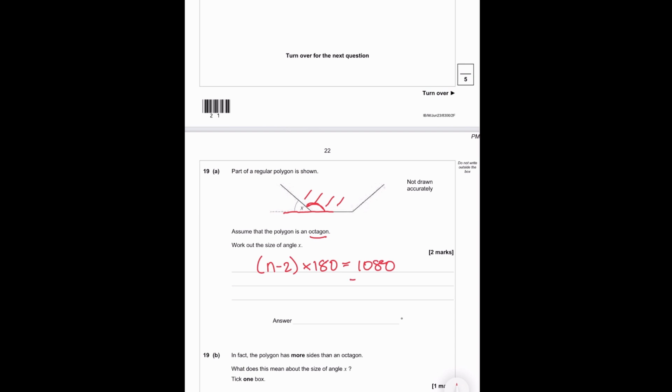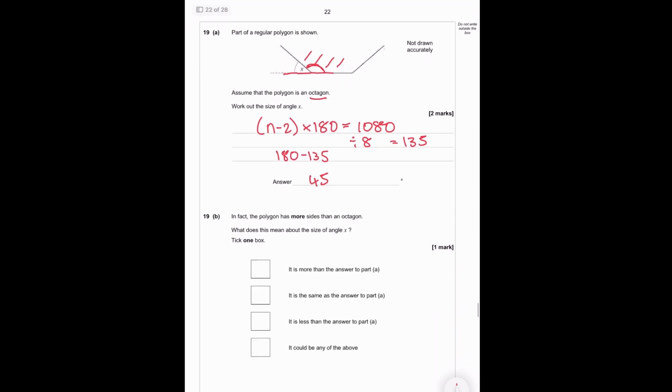We're going to divide that by 8 to get one angle, which is 135. And then we're going to do 180 minus 135, which gives us an answer of 45 degrees. In fact, the polygon has more sides. So if it has more, the internal angle would be bigger and the external angle would be less. So it's going to be this one.